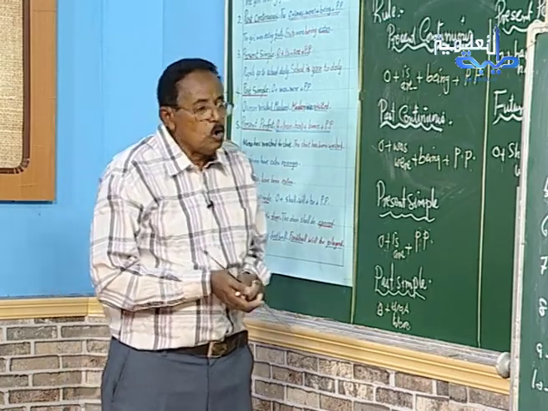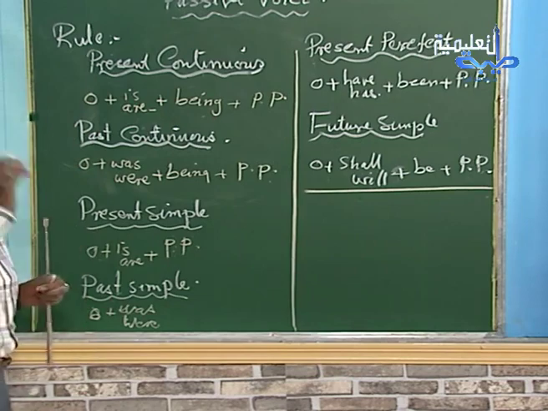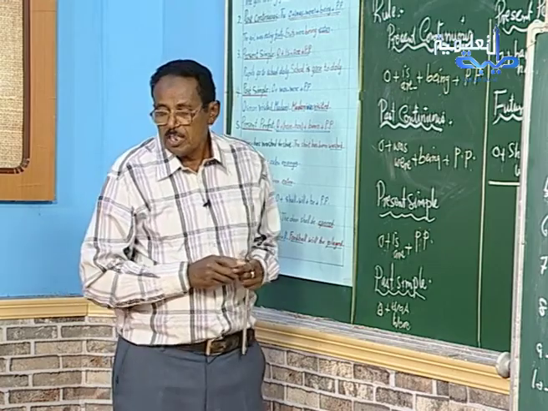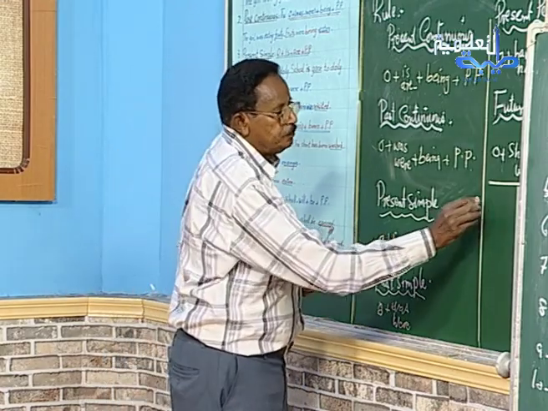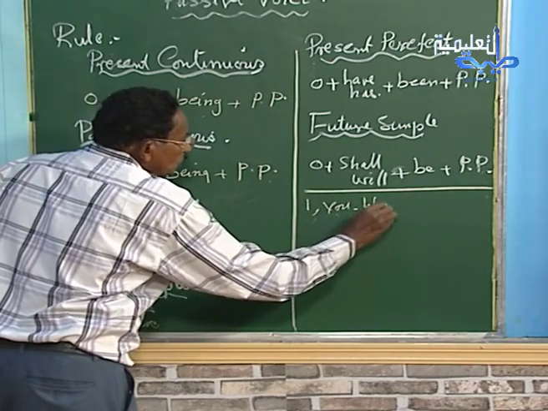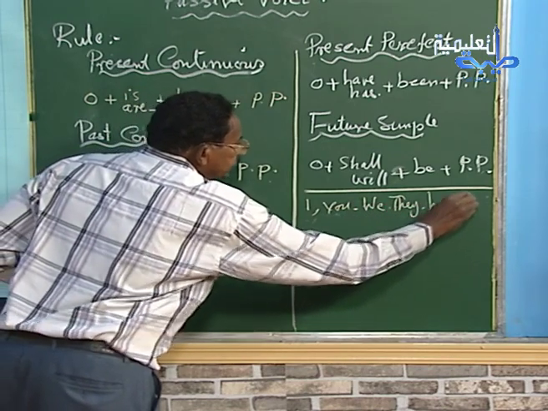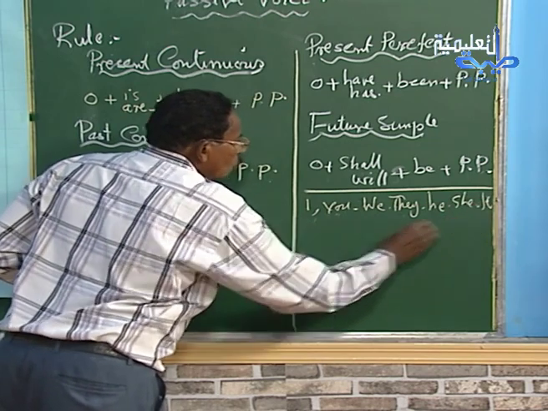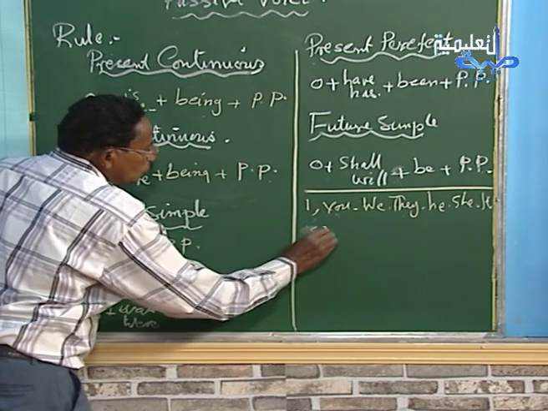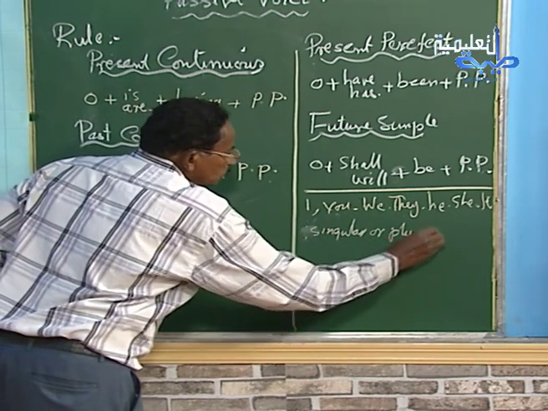In the passive voice, always notice that there is no subject. The subjects in English are all the pronouns I, you, we, they, he, she, it, or the nouns, singular or plural nouns.